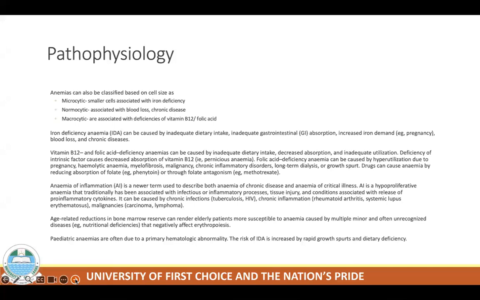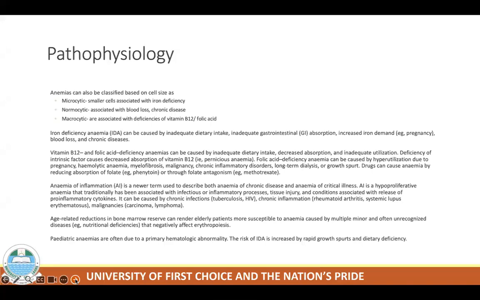So you can have iron deficiency anemia caused by inadequate dietary intake, inadequate GI absorption, increased iron demand, blood loss, and chronic diseases. You can have B12 and folic acid deficiency anemias. You can have anemia of inflammation. Anemia of inflammation is a newer term, used to describe both anemia of chronic disease and anemia of critical illness.